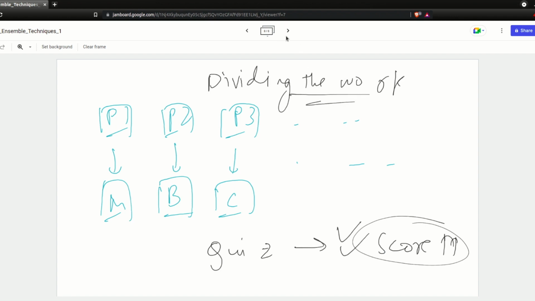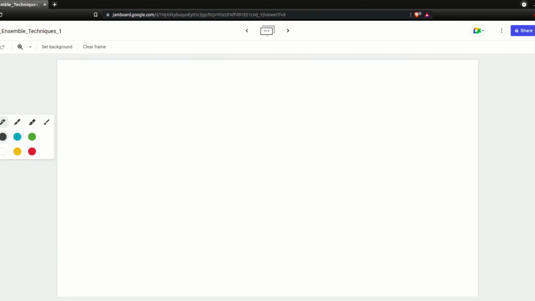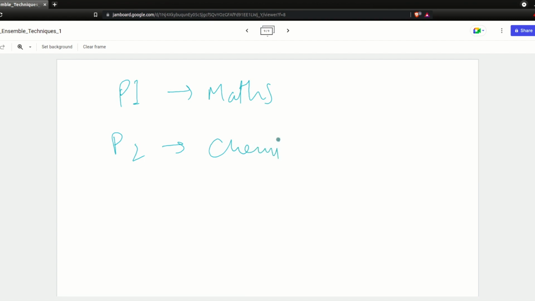There is one more key aspect to notice here. Let's say person P1 is good at maths, and person P2 is good at chemistry. So we'll assign P1 maths to learn and P2 chemistry to learn.